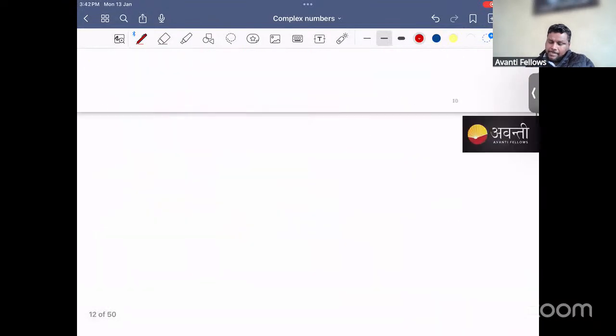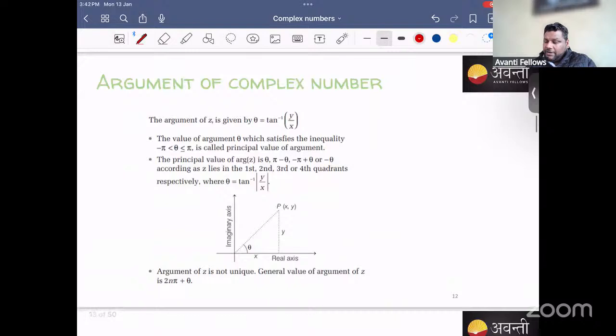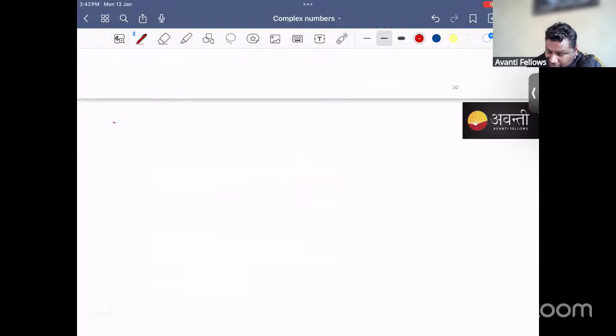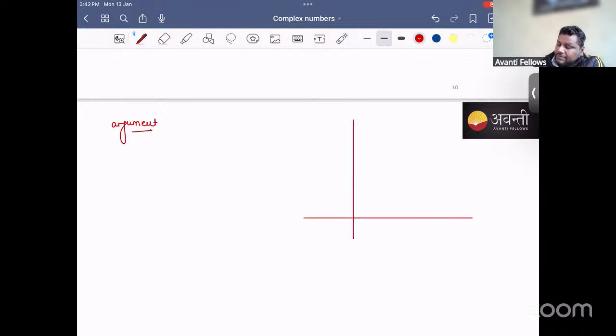Now, argument of a complex number. Before I show you the theory, let me explain on my own. Say there is a complex number z that is 1 plus root 3 iota. Along the x-axis it is 1, so z is 1 plus under root 3 iota. If you join it with the x-axis, this angle is theta.